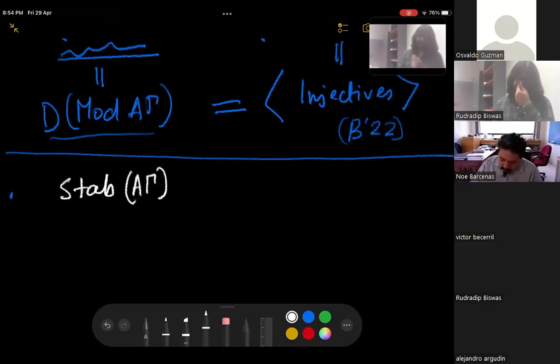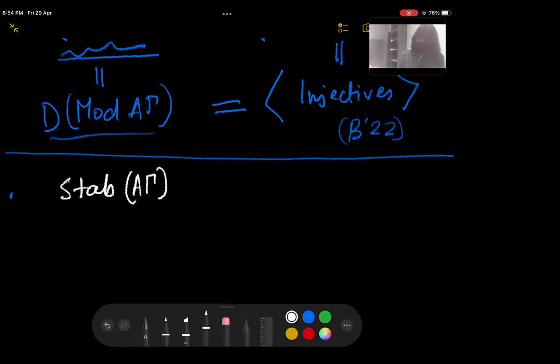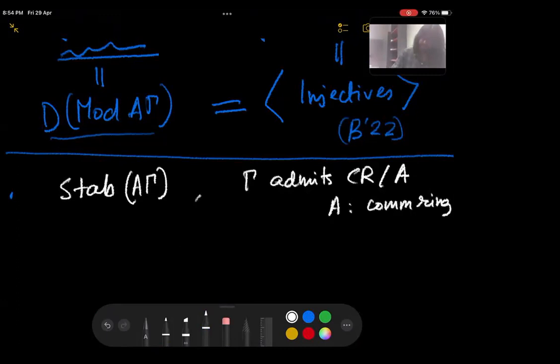So Gamma is any group that admits complete resolutions over A, and A is of course a commutative ring of finite global dimension.